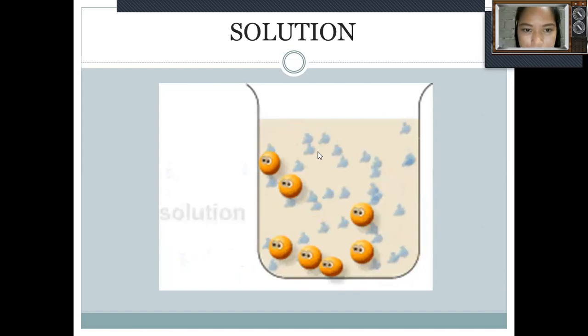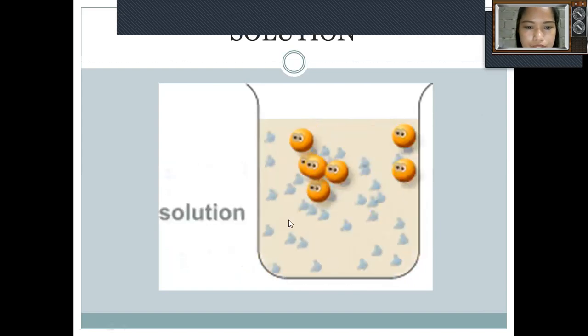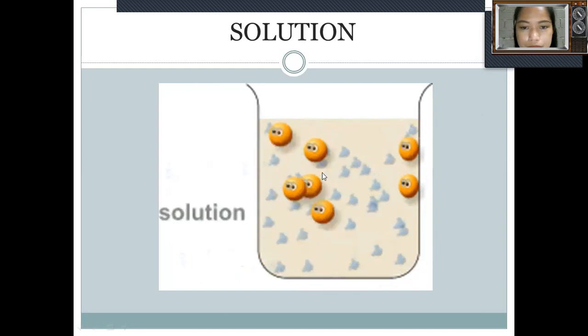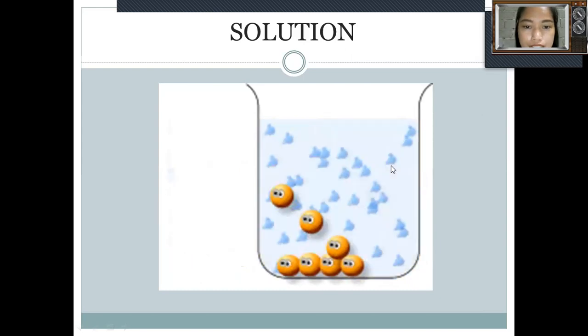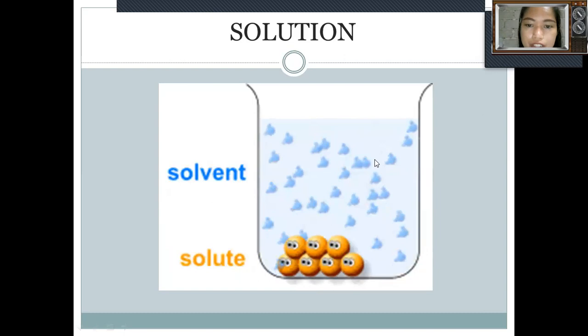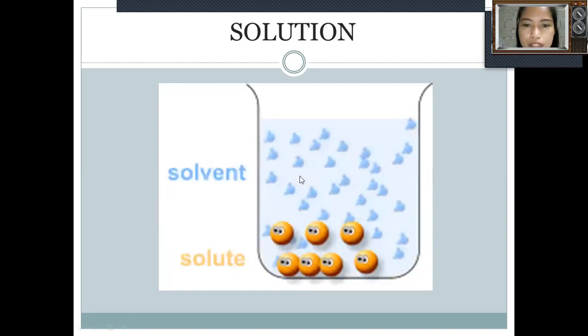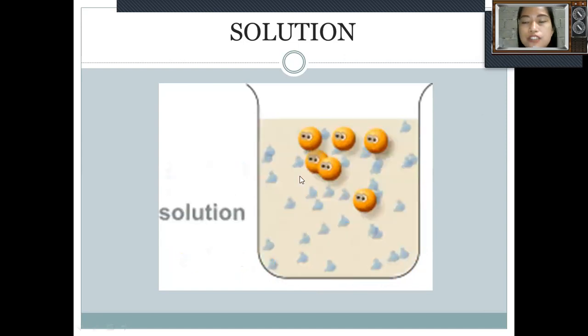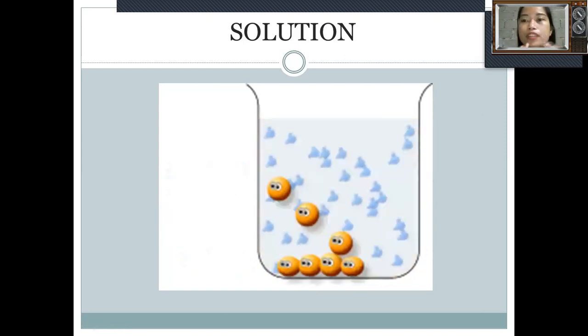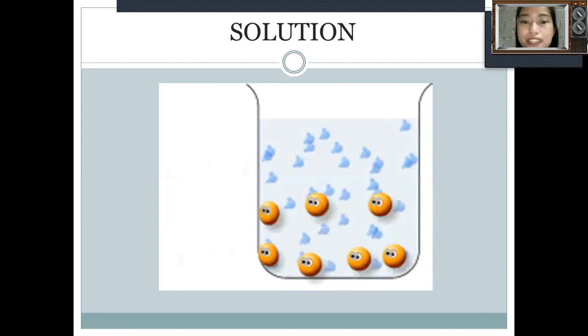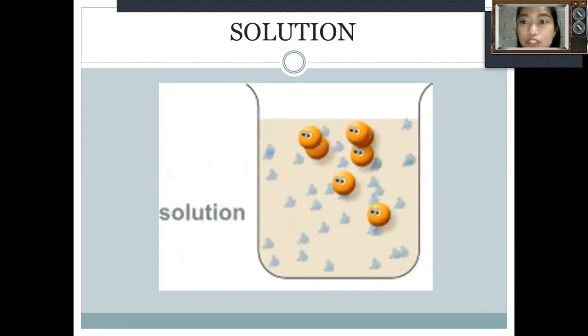The solvent is blue and the solute is orange. And the two were combined. And when the two combined, it becomes a different color, somewhat a pink color. So there is a change of appearance of the two components.